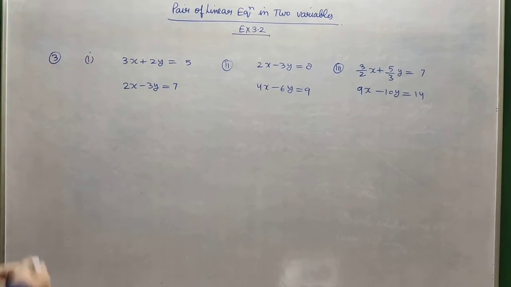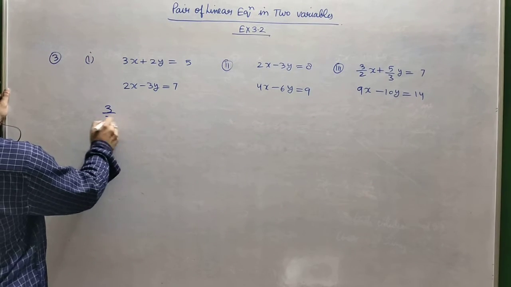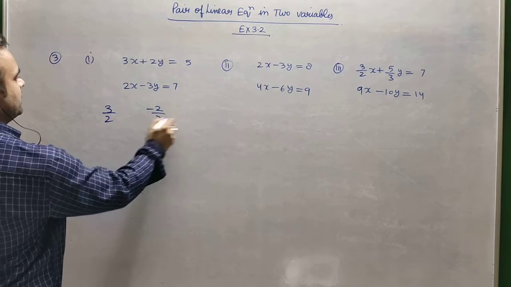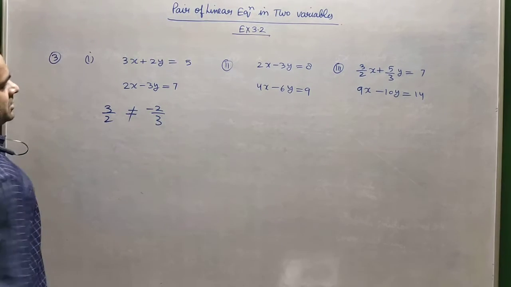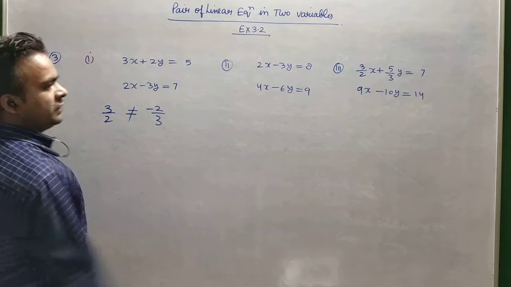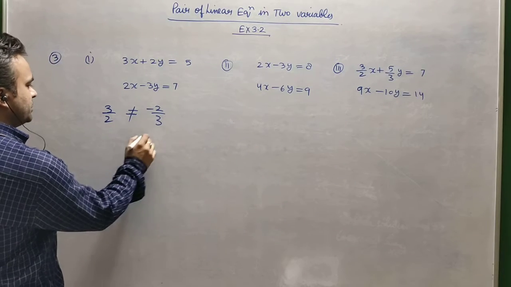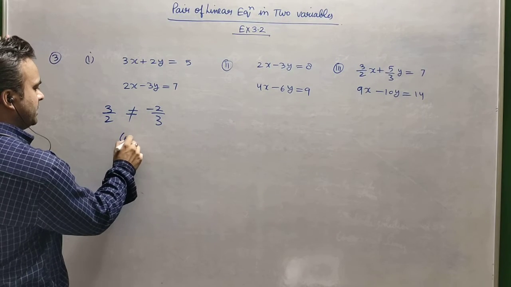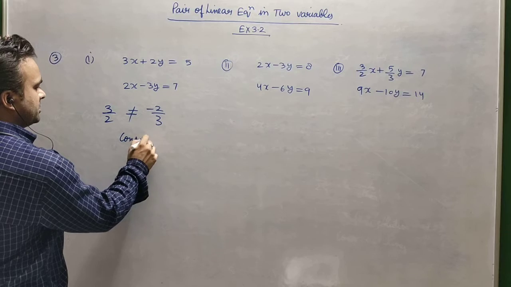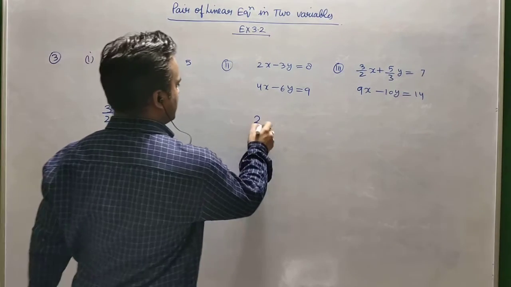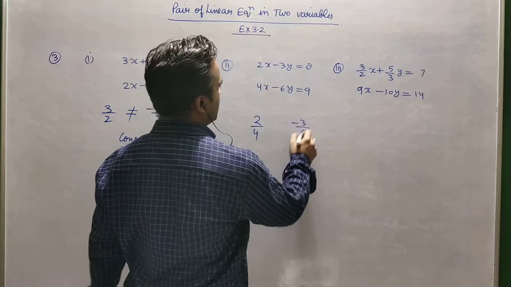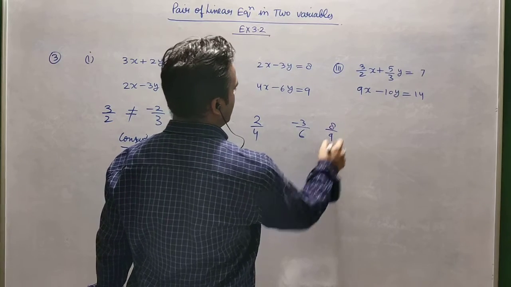So if you see here 3 upon 2, this is minus 2 upon 3, both are not equal, right? It is in minus and it is in plus. So there is no need for C1 upon C2. So which type of solution is this? Unique solution. So we will say that it is consistent, right? In this case 2 upon 4, it is 3 upon 6, it is 8 upon 9.